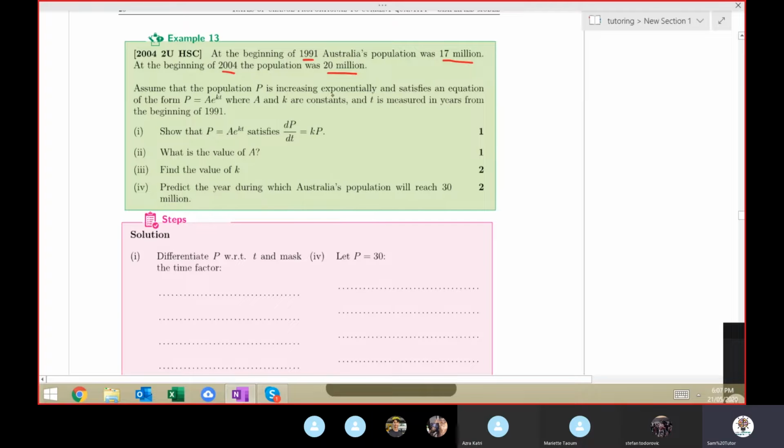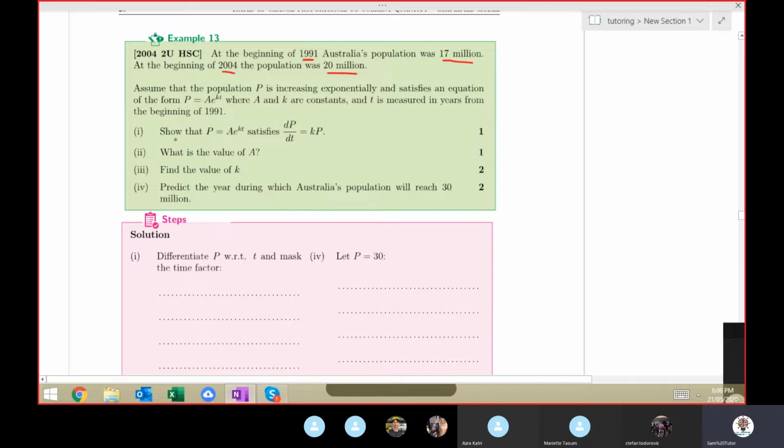Assume that the population P is increasing exponentially and satisfies an equation of the form P equals A e^(kt), where A and k are constants, and t is measured in years from the beginning of 1991. Show that P equals A e^(kt) satisfies dP/dt equals kP.